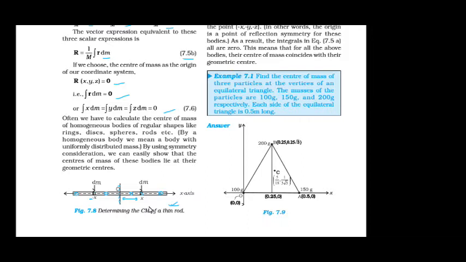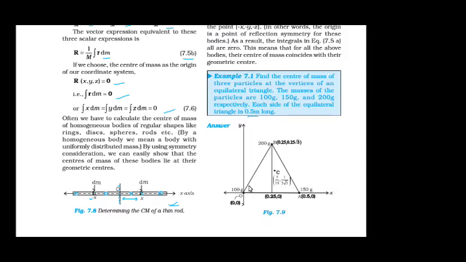Now let us go through example 7.1. The example says: find the center of mass of three particles at the vertices of an equilateral triangle. The masses of the particles are 100 gram, 150 gram and 200 gram respectively. Each side of the equilateral triangle is 0.5 meter long.